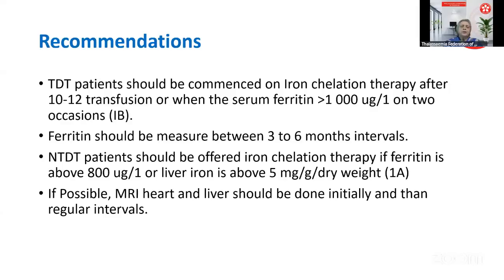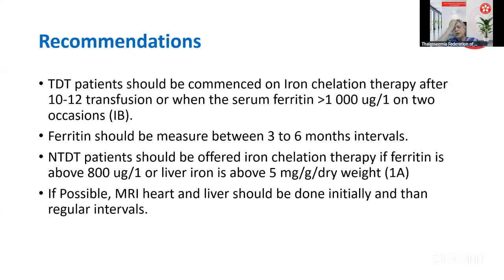In non-transfusion dependent thalassemia, the cutoff to start iron chelation is 800 microgram per liter, because it is lower in NTDT, the serum ferritin does not correlate so well, and the deposition of iron is patchy.